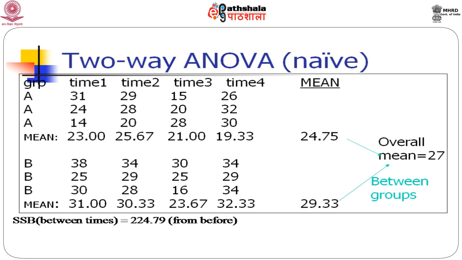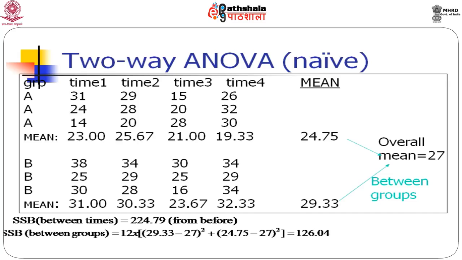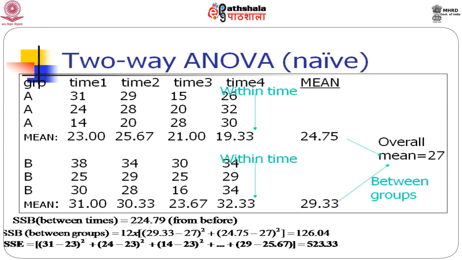Now between groups you can consider it. The more variation you take up, the more the error degrees of freedom is reduced. So now you can compute the SS between groups, and that comes to 126.04, and this way you can reduce your SSE.